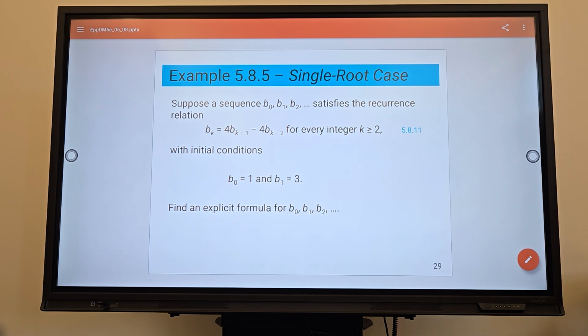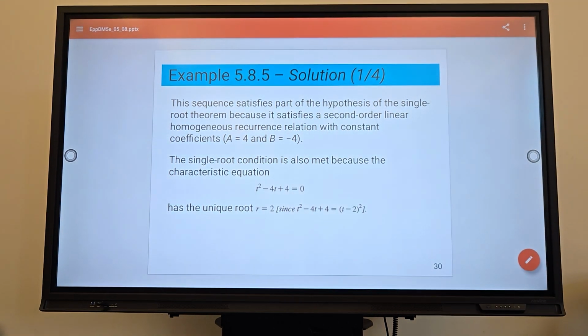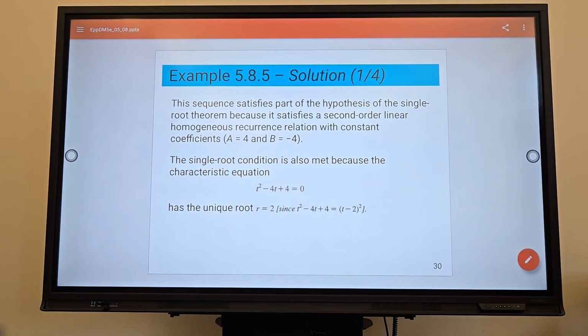Find an explicit formula for b sub 0, b sub 1, b sub 2, etc. This sequence satisfies part of the hypothesis of the single root theorem because it satisfies a second order linear homogeneous recurrence relation with constant coefficients a equals 4 and b equals minus 4. The single root condition is also met because the characteristic equation t squared minus 4t plus 4 equals 0 has the unique root r equals 2.